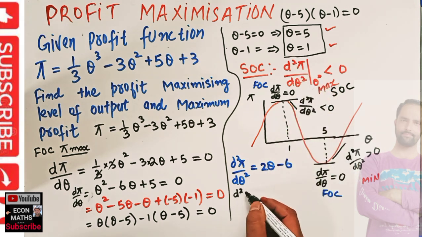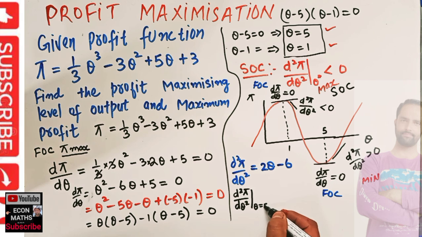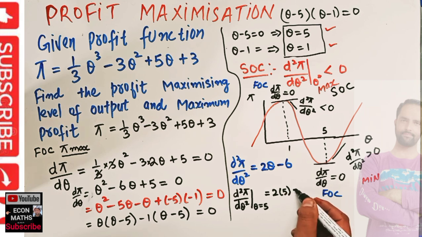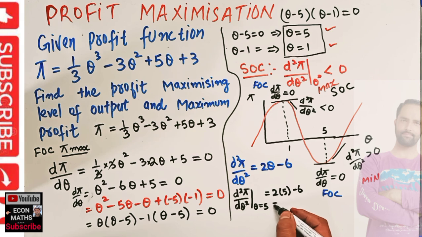Now d²π/dq², when q is equal to 5, let us see what happens. We have 2 in place of q, we have 5, then minus 6. So 2 fives are 10, minus 6 equals 4, so we get 4 here, which is greater than 0. But as I have told you, the second order derivative evaluated at critical points should be less than 0 for maximum.